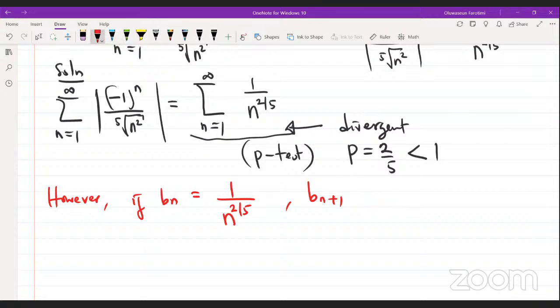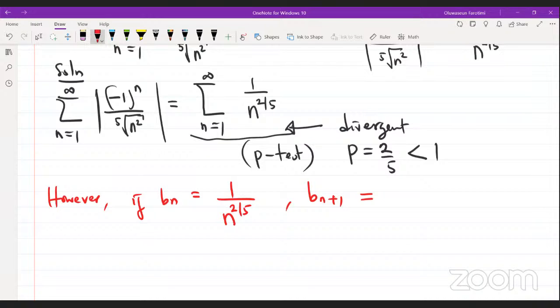Now, with this in red, I want to show you that when the series of absolute value is divergent, it does not necessarily mean that the original series is divergent. The original series may converge and the series of absolute value diverges. But if the series of its absolute value is convergent, then the original series will converge. I hope that makes sense.